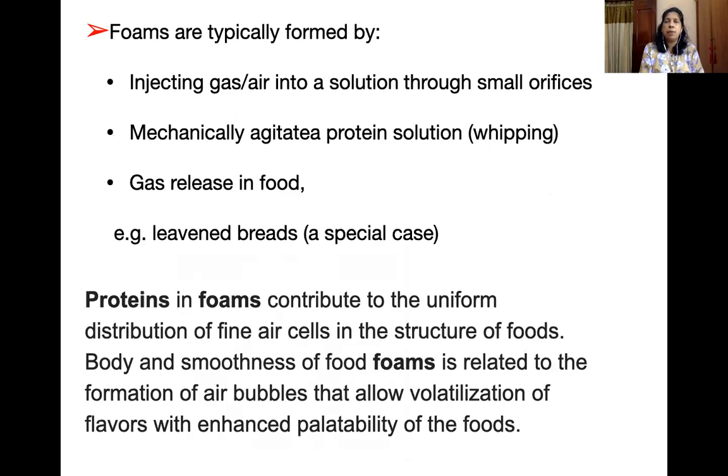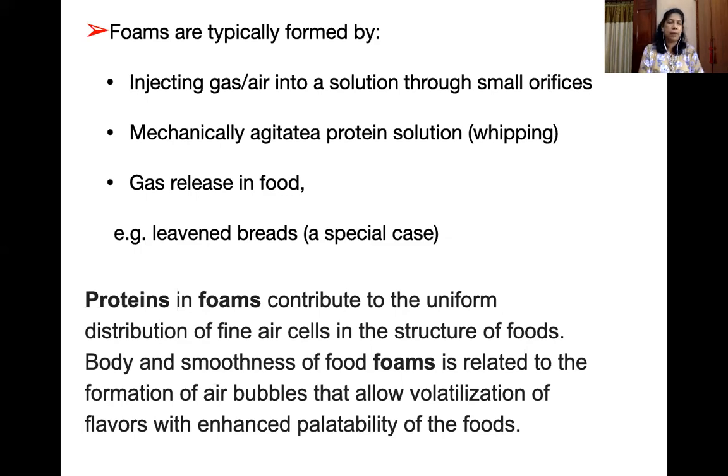Foams are typically formed by injecting gases, air, into the solution through small orifices, and mechanically agitating a protein solution. Also by whipping, we can incorporate air into the product. Gas release in food also makes foam, for example leavened bread, a special case, or bakery products generally.